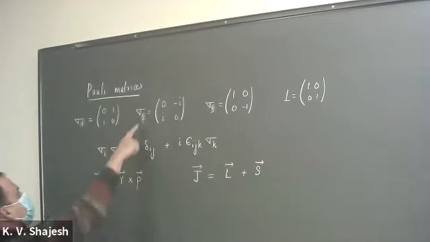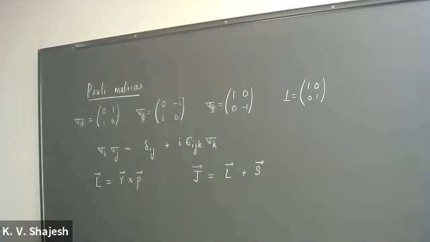So let's say this is sigma 2. No, let's take sigma 1, right? So let's say sigma 1 is equal to [0, 1; 1, 0]. For our purposes, that's just a matrix. Okay?